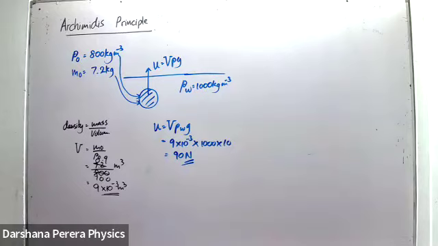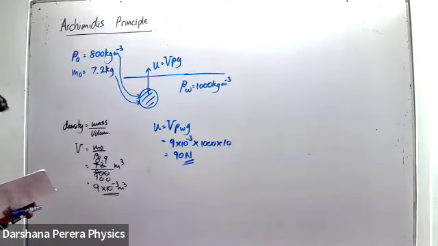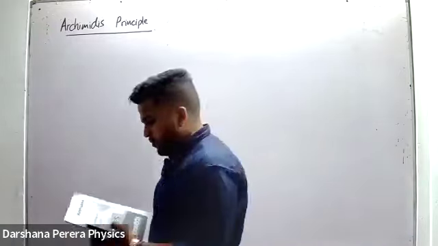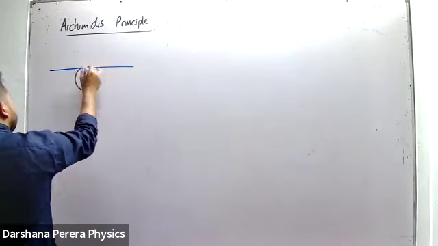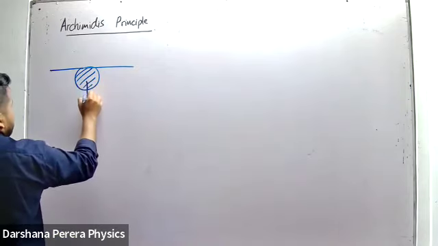Okay, write down another problem. An object having a density 5000 kg m minus 3 is released from the water surface.